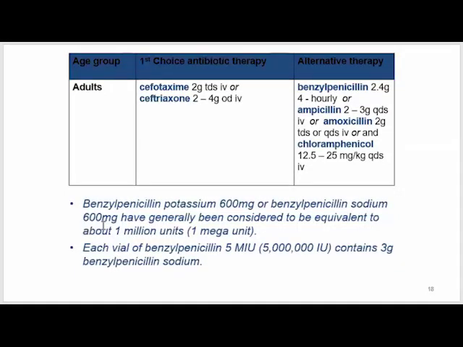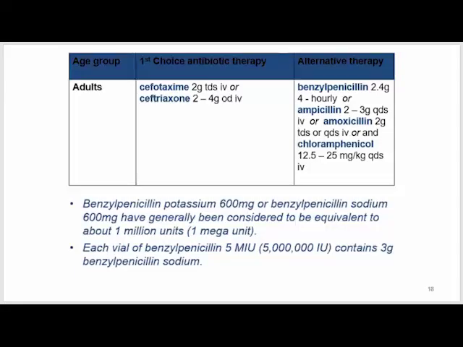Now, it's important to note that at times penicillins might be prescribed in milligrams. So it's very important that you acquaint yourselves with the units of penicillins.